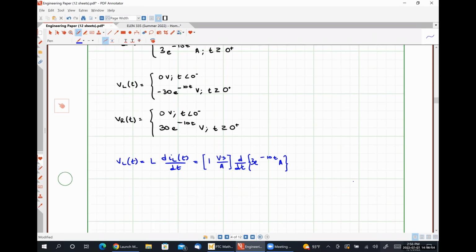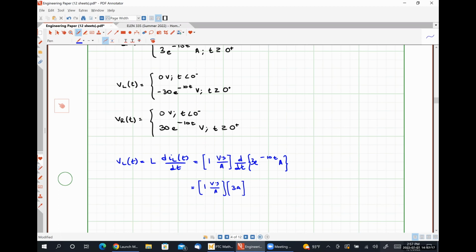So how do I take the derivative of 3 e to the negative 10t? Well, I can take the 3 amps out. So we're going to have 1 volt second per amp times 3 amps. And now I'm just taking the derivative of e to the negative 10t.